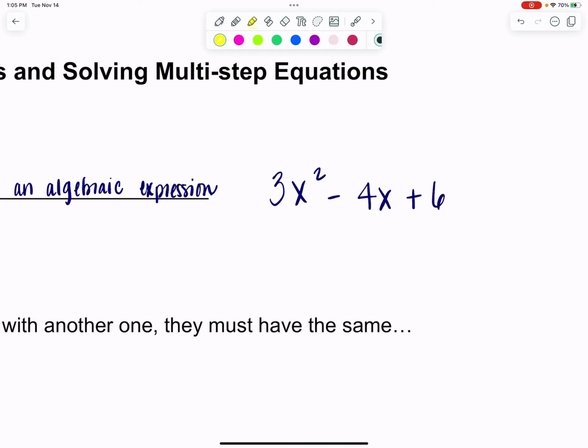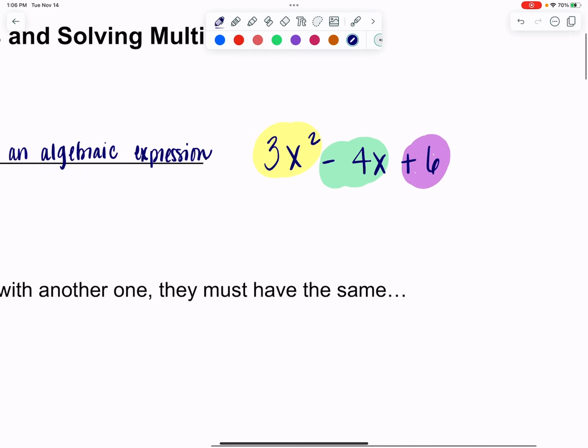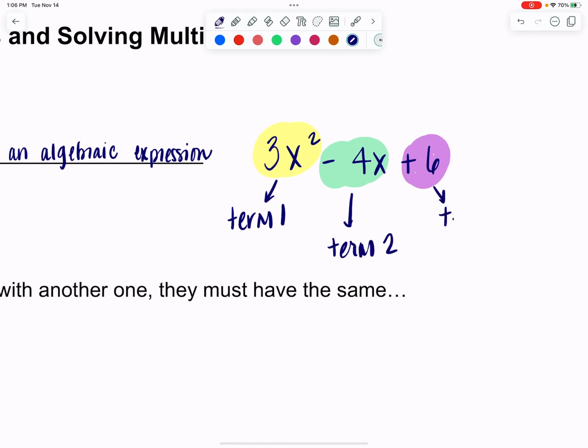Each of these pieces, so the 3x squared, the minus 4x, and the plus 6. Each of these is a term. Term 1, term 2, and term 3.